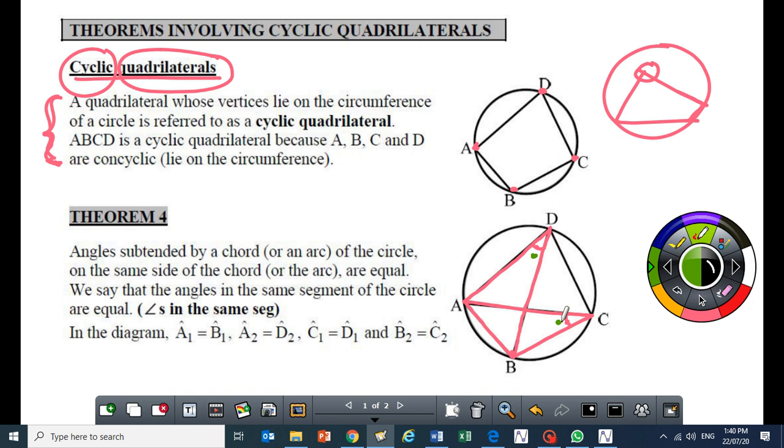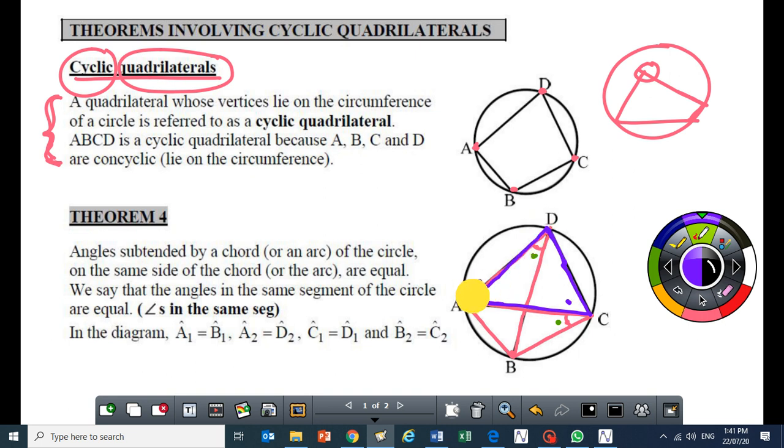Okay? Also, if I choose this chord AD, it will subtend that angle, which is going to be this angle here, which is ACD.